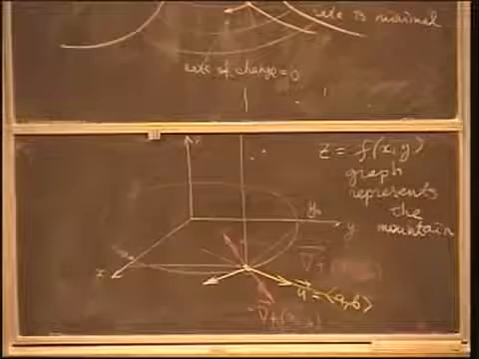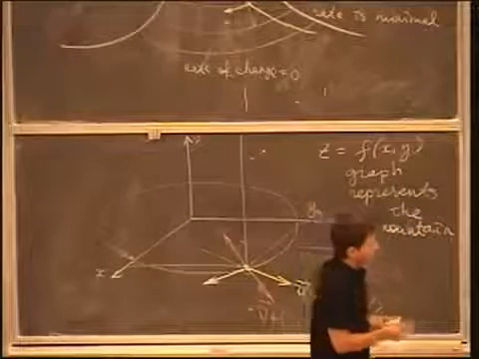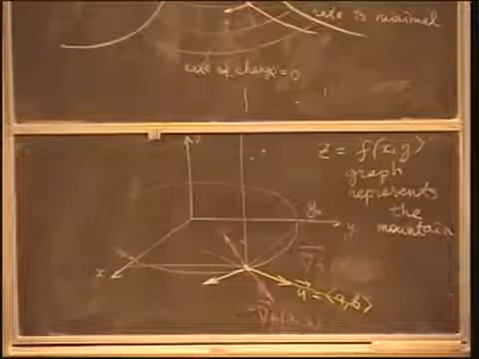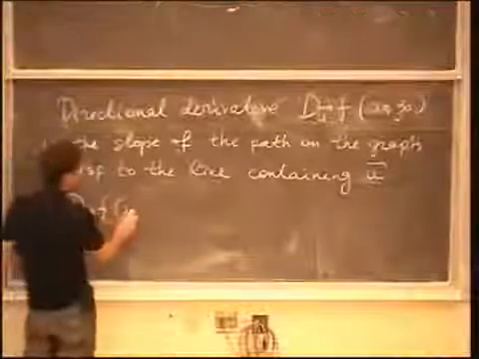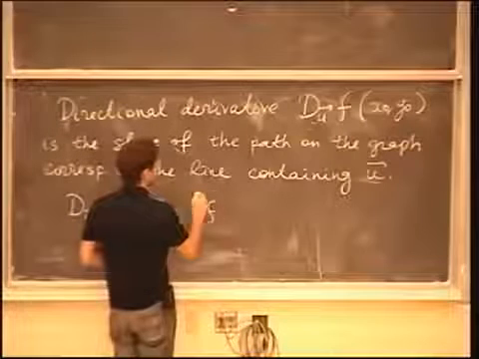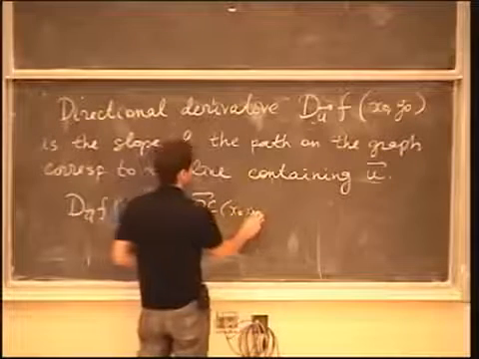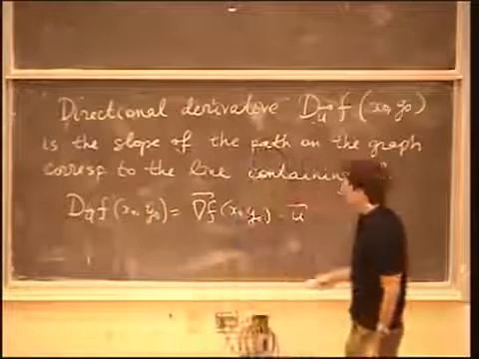That slope is the rate of change along that path. That's what we call the directional derivative. And finally, we have a formula for it, which involves the gradient vector.